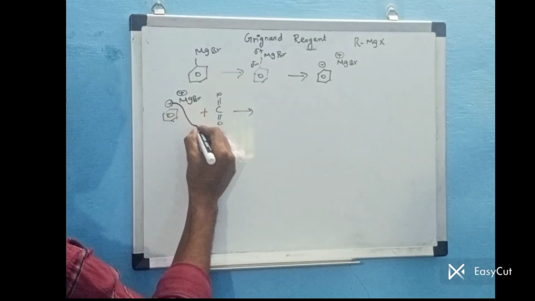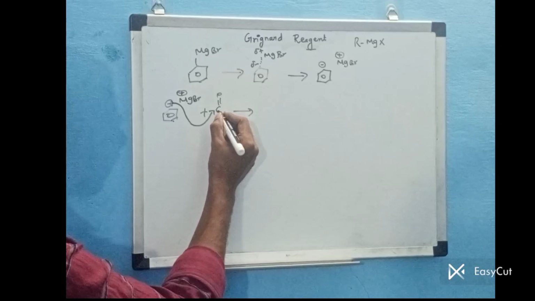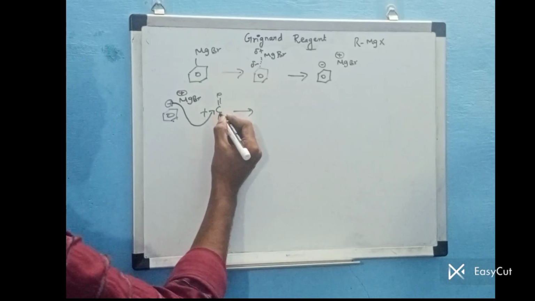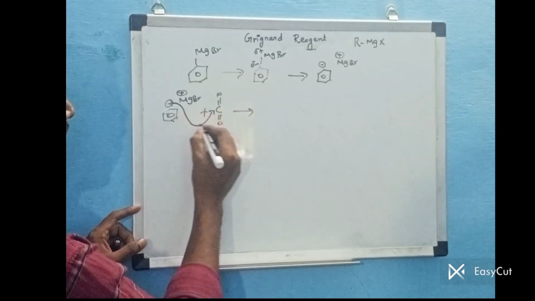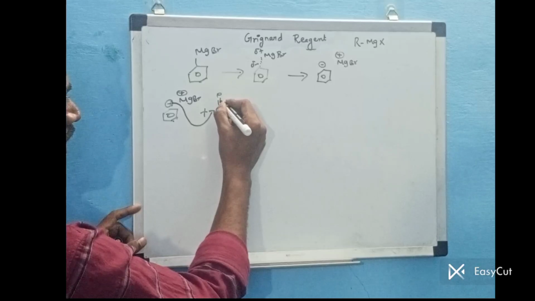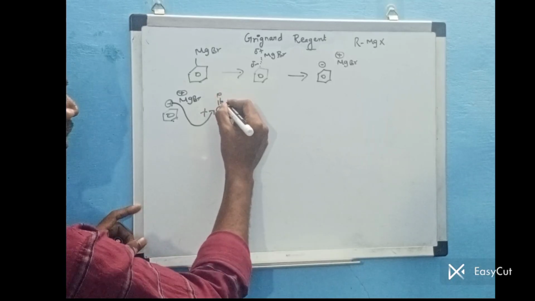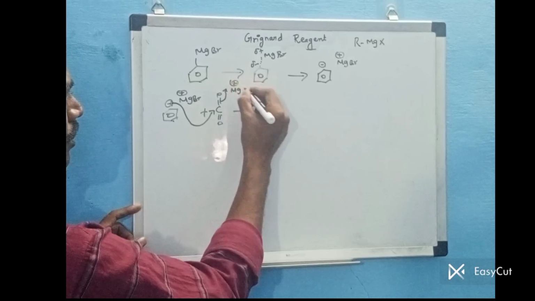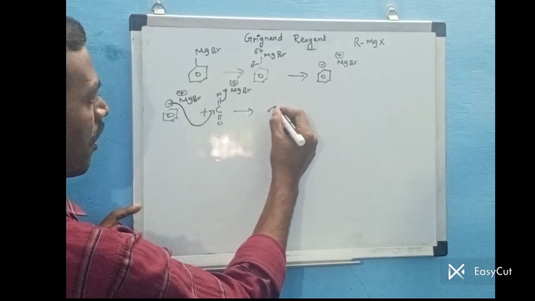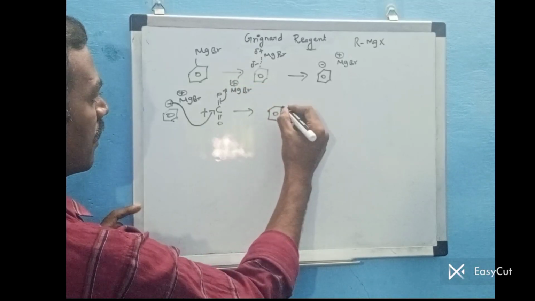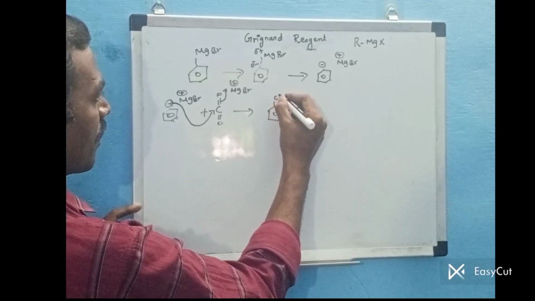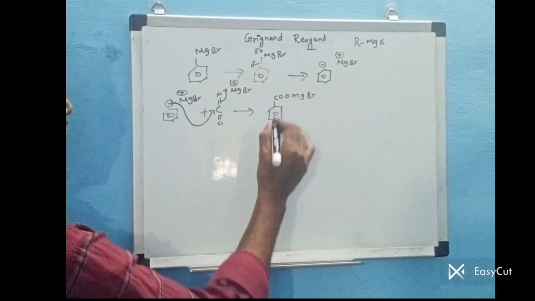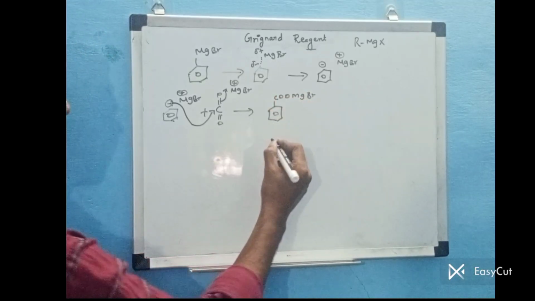The phenyl anion directly attacks the electron deficient carbon center via nucleophilic attack, followed by carbon-oxygen double bond cleavage and abstraction of the positively charged species to form a magnesium carboxylate intermediate.